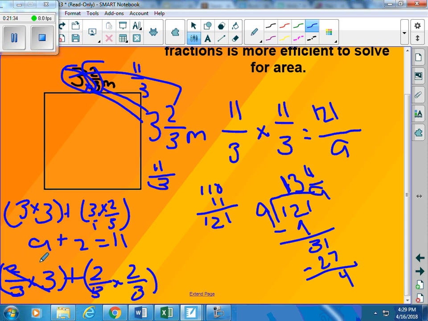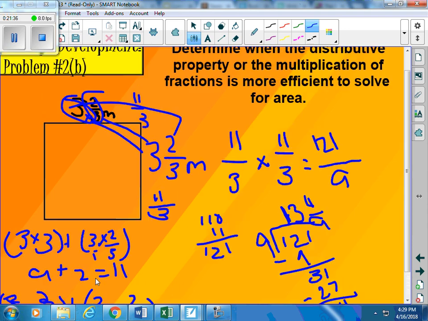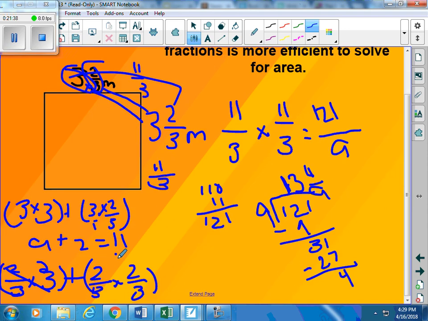So this is going to be 2 plus 2 times 2 equals 4, 3 times 3 equals 9. So I got 11 up here plus the 2 and the 4/9. So 11 plus 2 wholes equals 13 and 4/9.